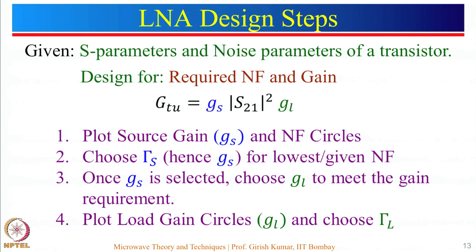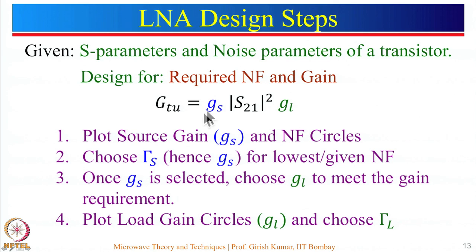So, you do not have to draw the stability circles. If that condition is not satisfied, that means the amplifier is conditionally stable. You have to draw input and output stability circles and then choose the value of gamma s and gamma l which is far away from those stability circles.